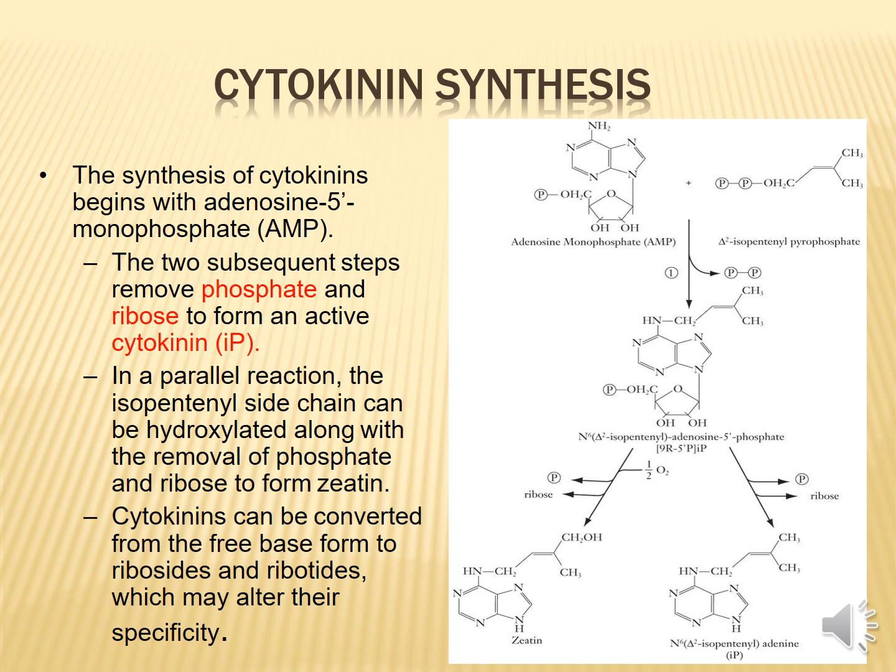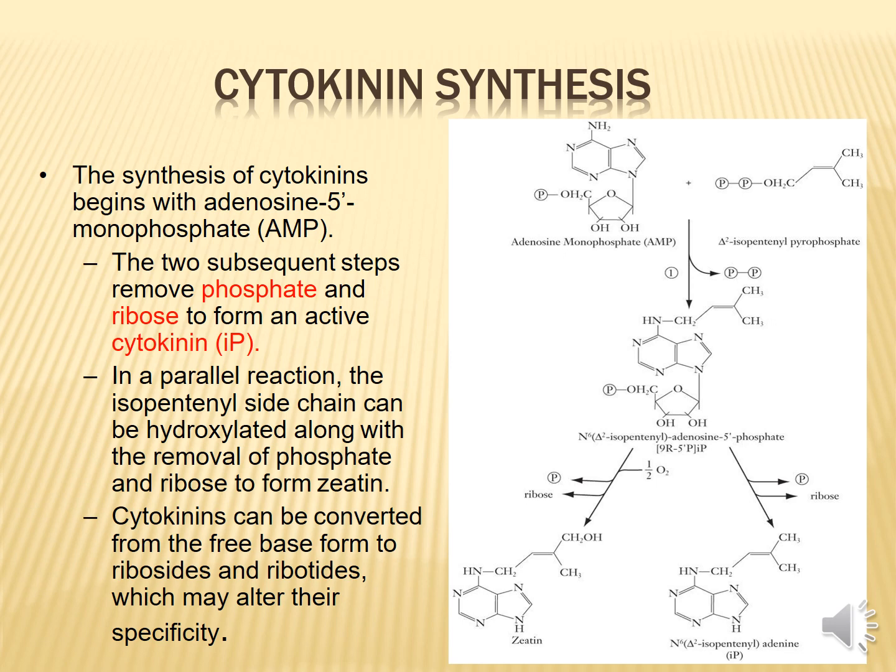What is hydroxylated? If you look at the production of IP compared with the zeatin, for the production of the zeatin, they need the oxygen. So because of that, this process we call hydroxylation.